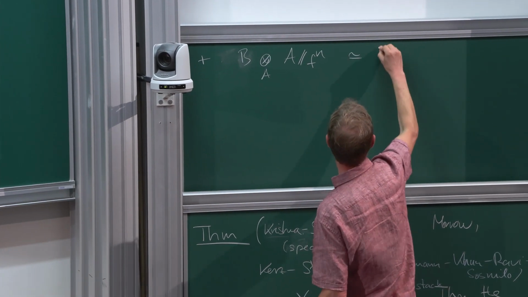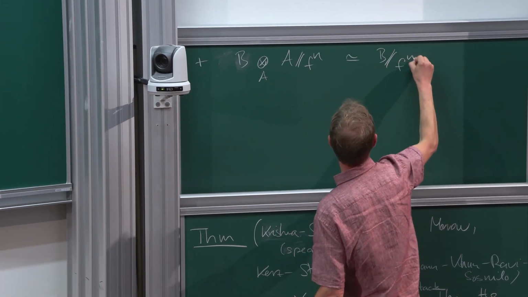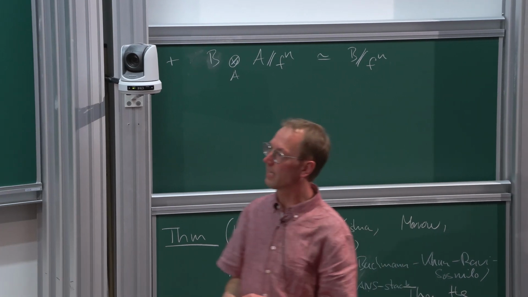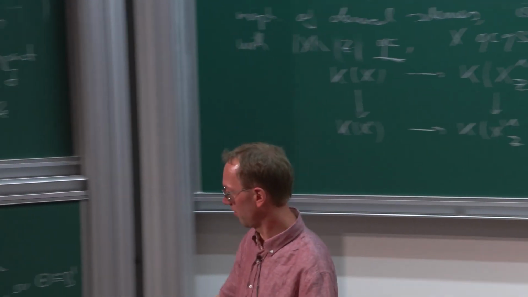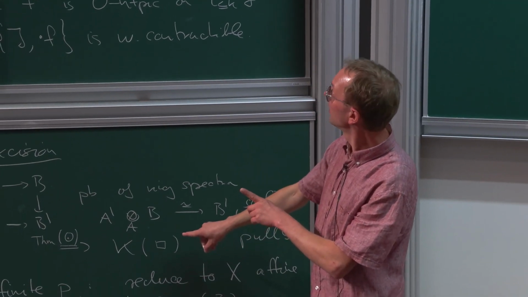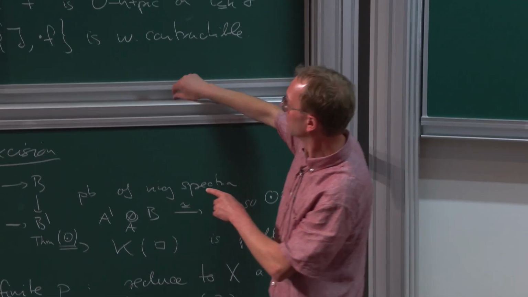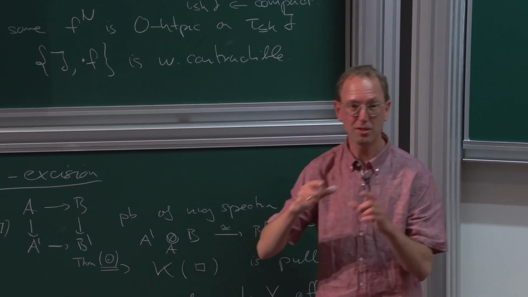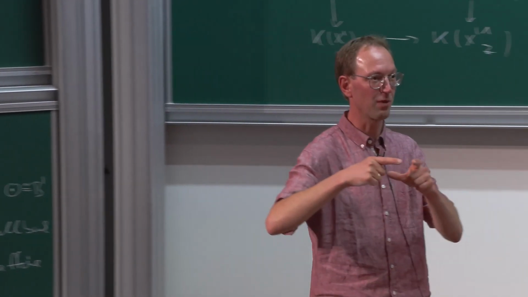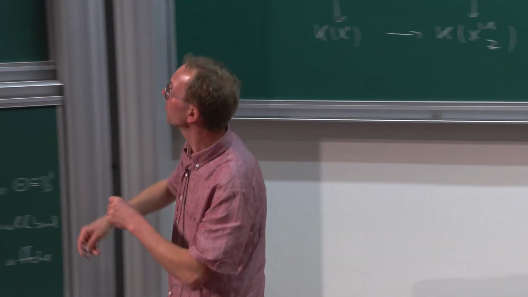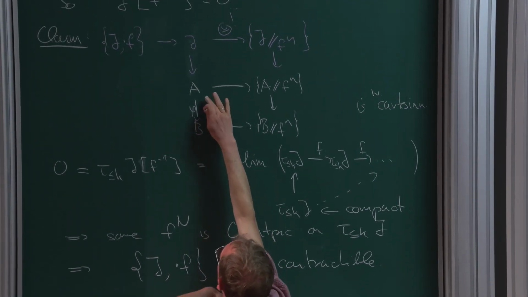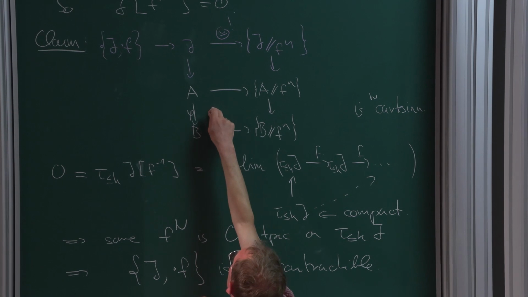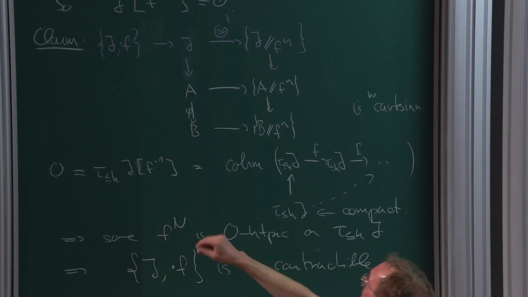This is equivalent to B mod f to the n, and then you can put this together with this theorem from last time. So you have to do a little. Of course, this theorem is really for pullback squares, not for pro systems. But what you do is you replace this A here by the pullback of this square, and then you know that it's still a pullback square.